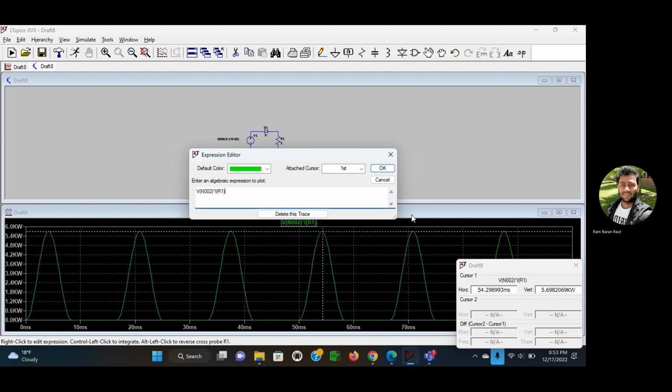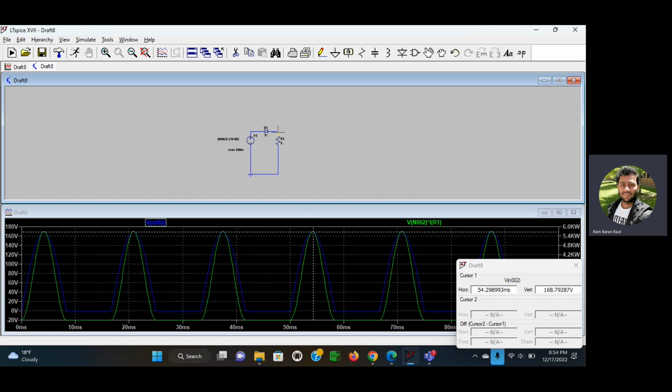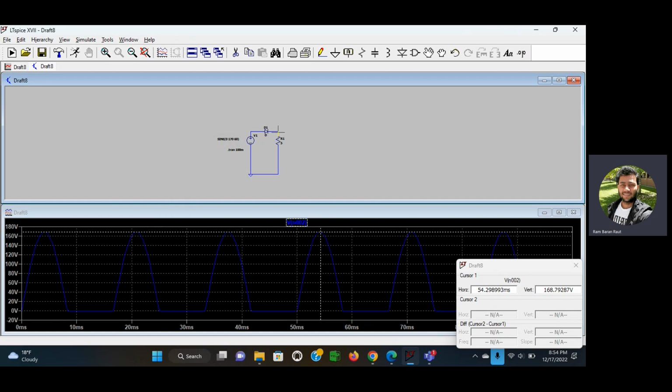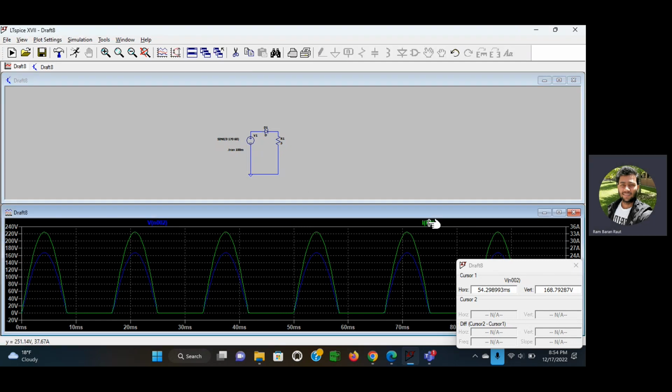So this should be, I think, how much is, so V output, let me go over here, maybe we can see this voltage. The voltage is 168 volt, and the current is, I put the cursor over here.